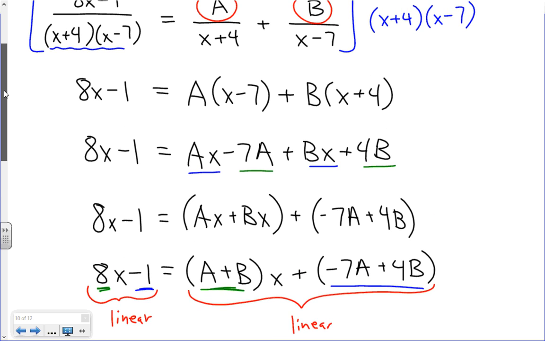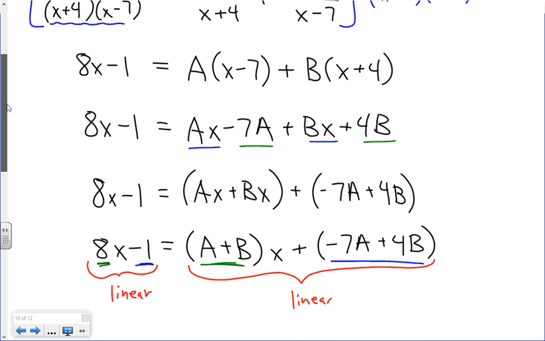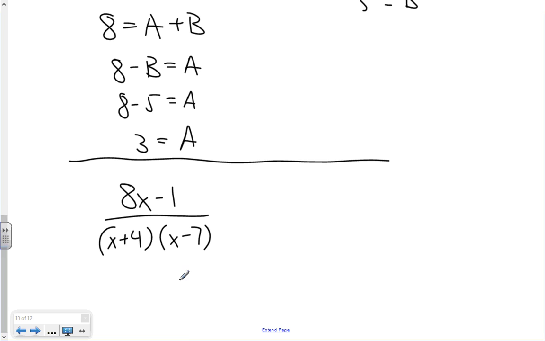X plus 4 times x minus 7. And that's equal to, again, it was a divided by x plus 4. So that's going to be 3 over x plus 4 plus b, which we found out was 5, over x minus 7. And that right there is our partial fraction decomposition.